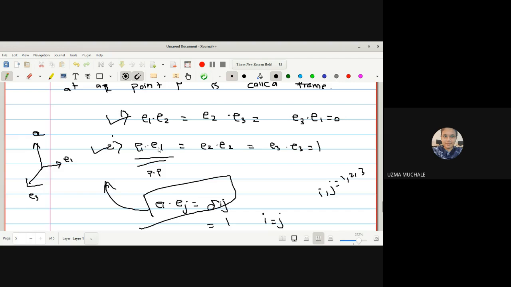But if we take the dot product with itself, it is no doubt equal to 1, because we are considering unit vectors in the direction of the x, y, and z axes. This is just like a norm, the second property, and the first one is the orthogonality condition.